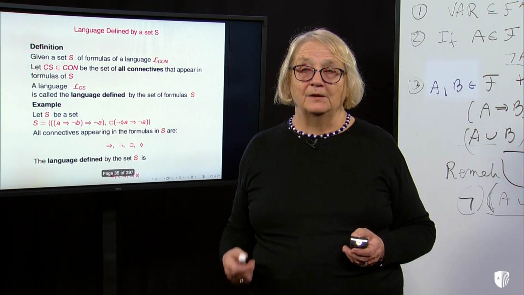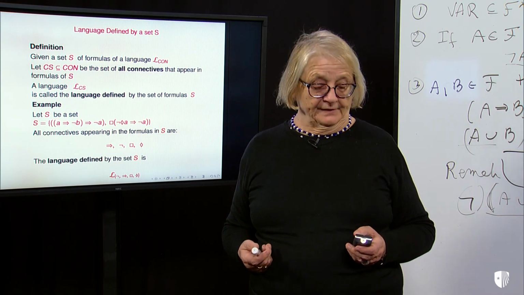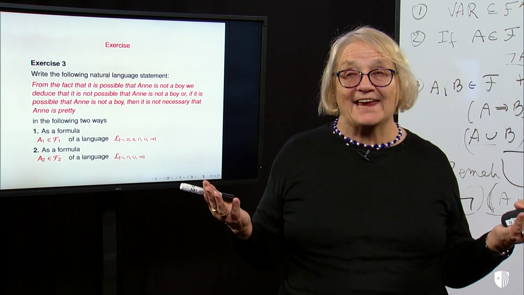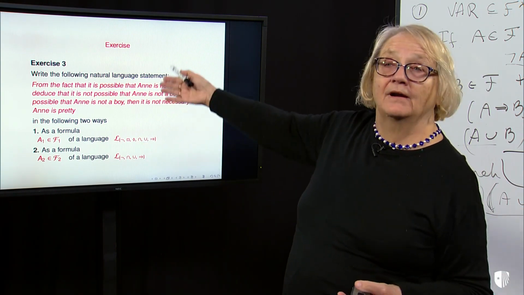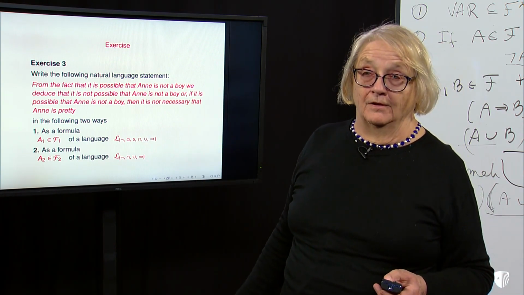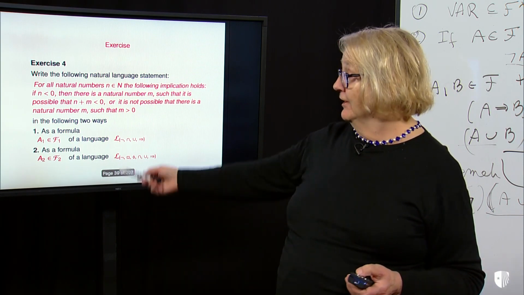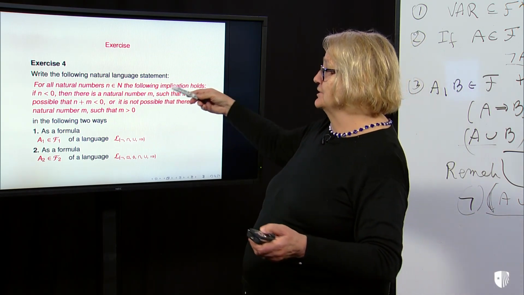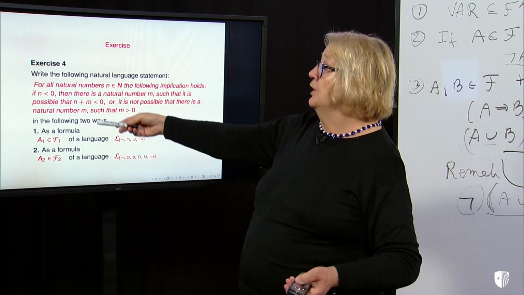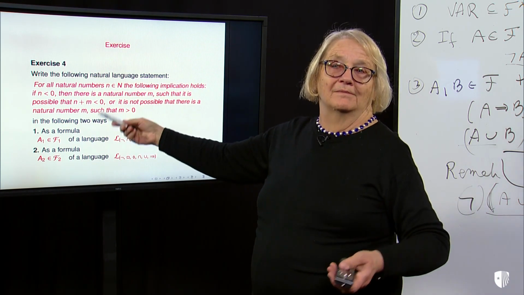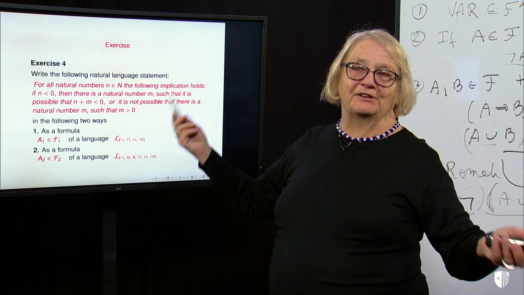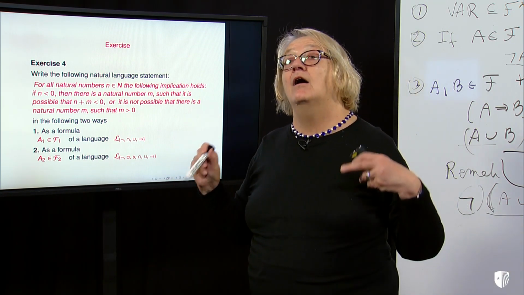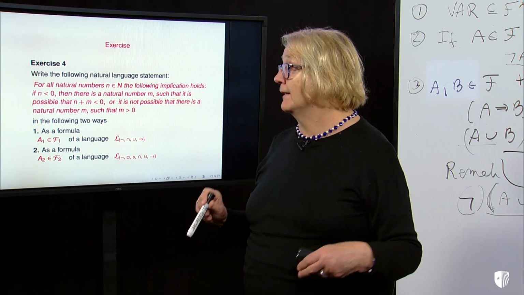So the next important thing is how you translate natural language or mathematical language. For example, for each natural number, the implication, then there is a natural number. How do you take your English, mathematical English sentence and translate it into our propositional formal language?